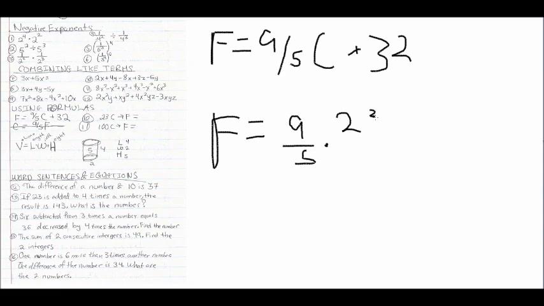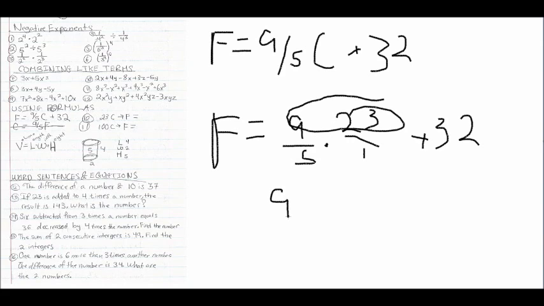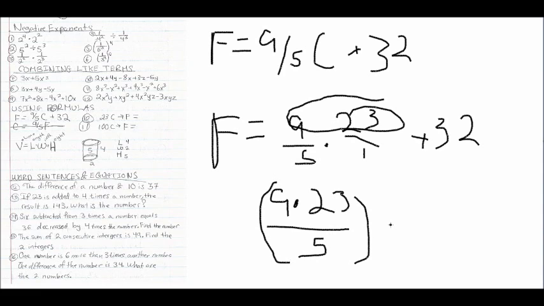Now, if you want to maintain it as a fraction, which you're more than welcome to do, which is a little bit harder, you have 9/5 times 23/1 plus 32 in the end.